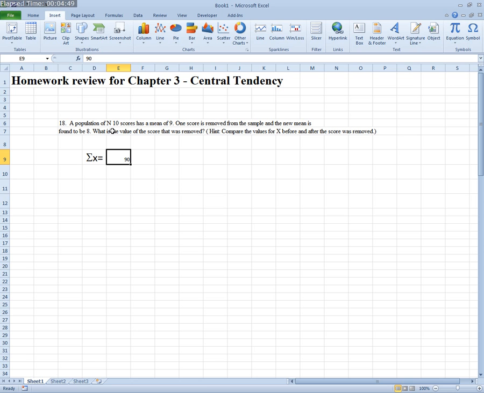So we're going to simply take the new mean, which is 8, and so it's going to be 9 times 8 instead of 10 times 9. So 9 times 8 is 72.